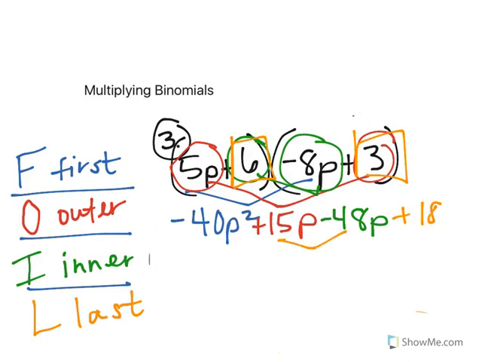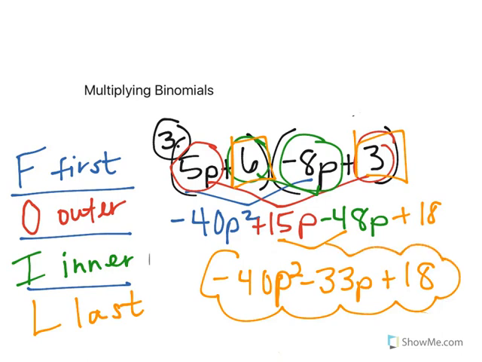Then I'm going to combine these, and I get negative 40p squared minus 33p plus 18. And this would be my answer.